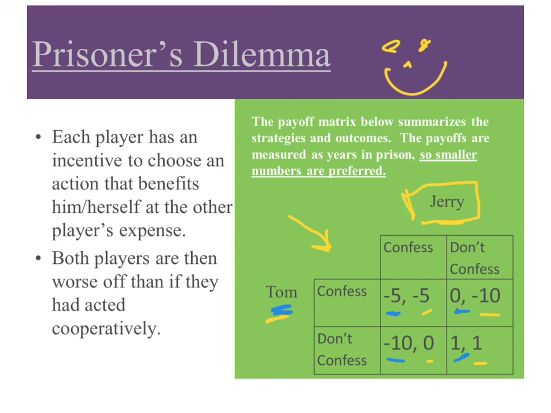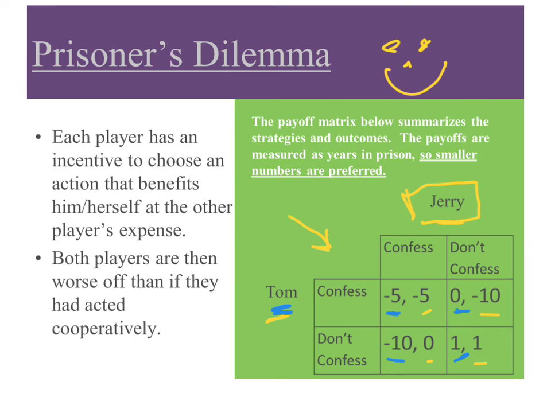If Tom doesn't confess and Jerry does, then Jerry is going to get 0 years and Tom is going to get 10. So in order to figure out what Tom and Jerry should do, Tom's going to make his decision based on what he thinks Jerry's going to do, and Jerry's going to make his decision based on what he thinks Tom is going to do.